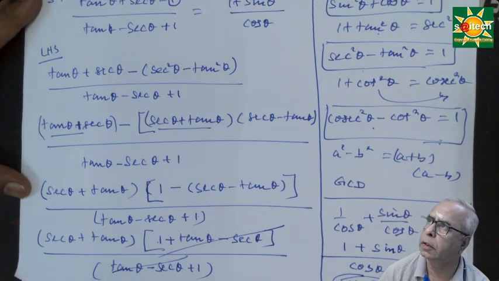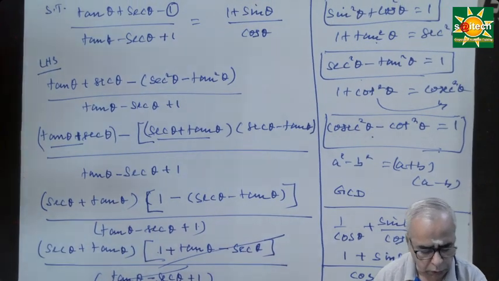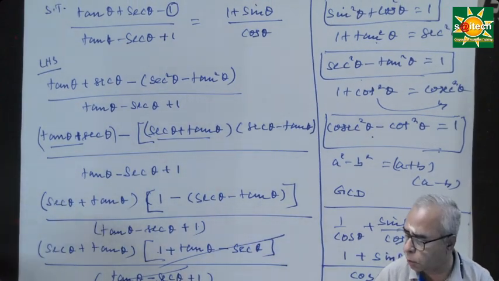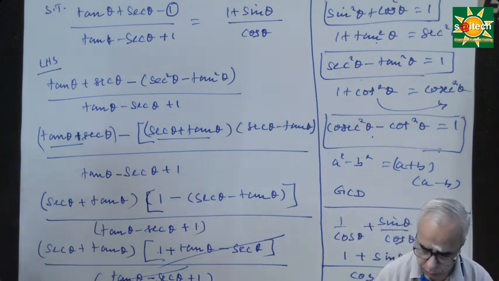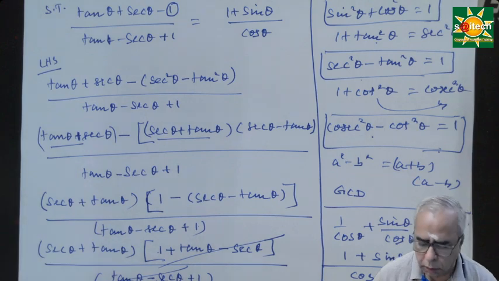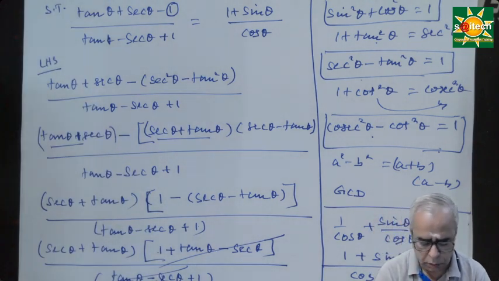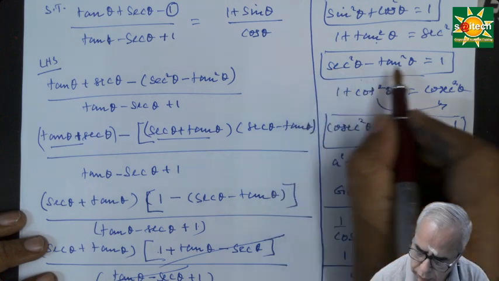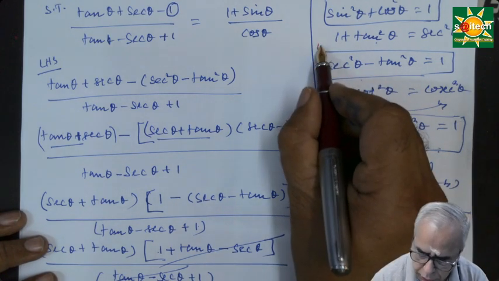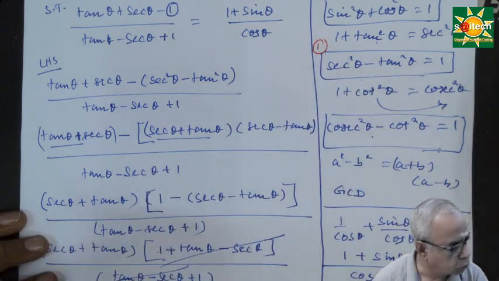You understand this? So what are the key steps involved in this problem? We have to select the important formula here. Secant squared theta minus tan squared theta is used here. That is number 1.